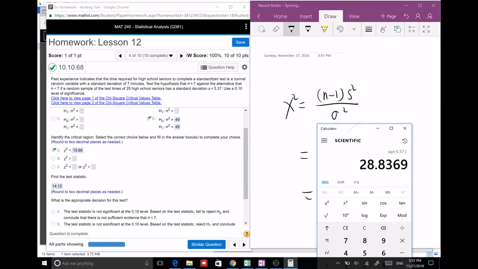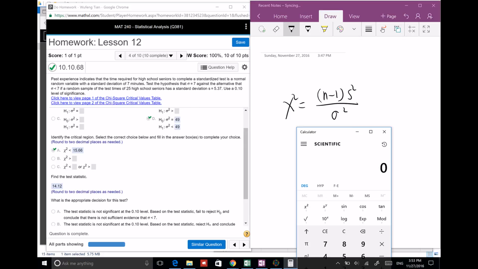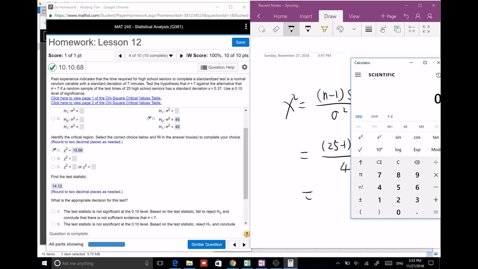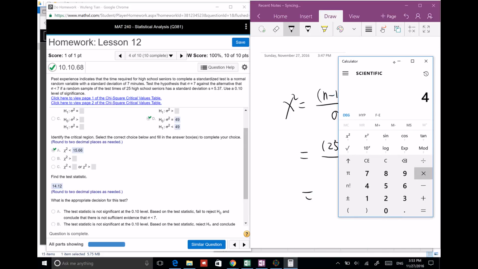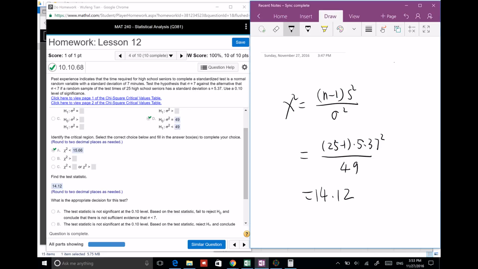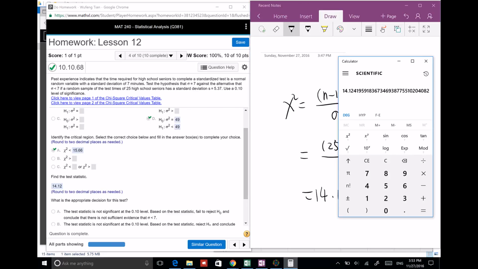First I use the formula: 24 times 5.37 squared divided by 49 equals 14.12. Okay, that's how you do the chi-square.